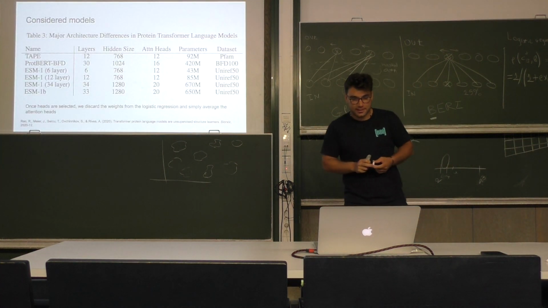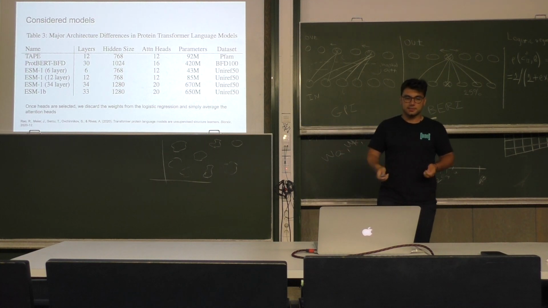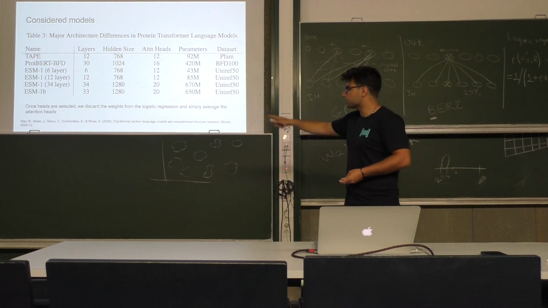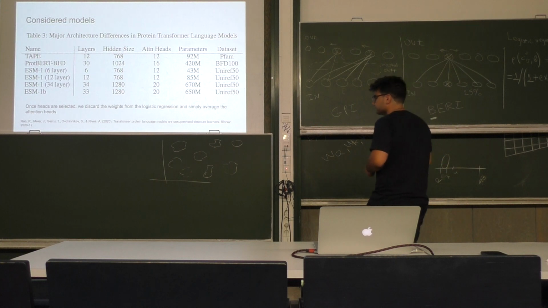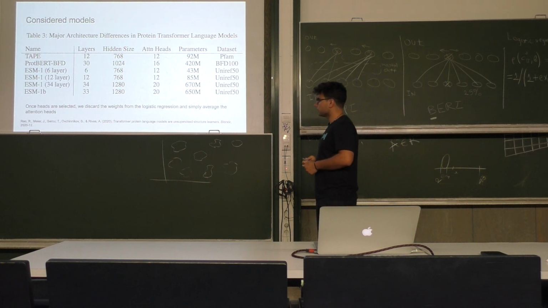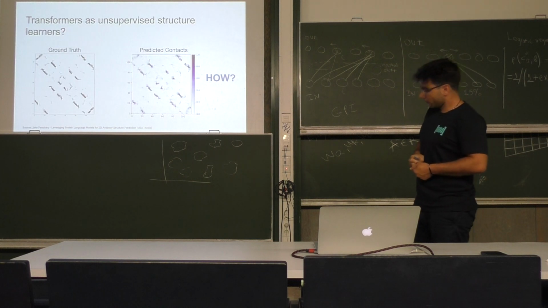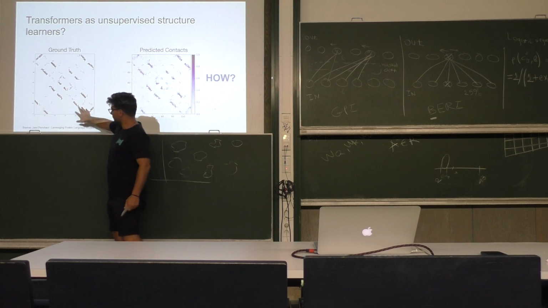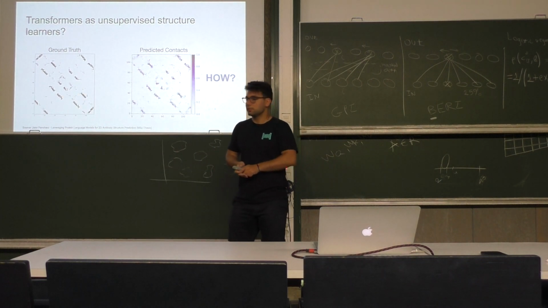So this is another analysis which is closer to the one you will do in the exercise class, where they consider different models. They can consider ESM version 2, because it was not published, it's from 2020. So this is the ground truth from contact prediction. This is the L by L binary map we discussed.